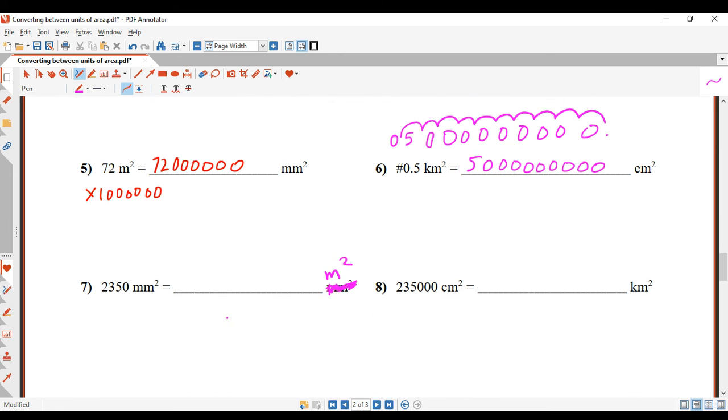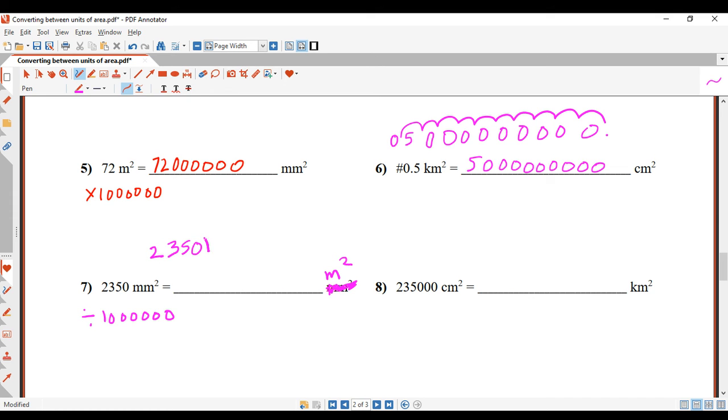I'm going to divide this number here by 1,000,000. 1, 2, 3, 4, 5, 6. That means I'm moving the decimal point 6 places to the left. So how do I do that? Well, here are my digits, 2, 3, 5, 0. My decimal point is after the last digit there, because it's a whole number.